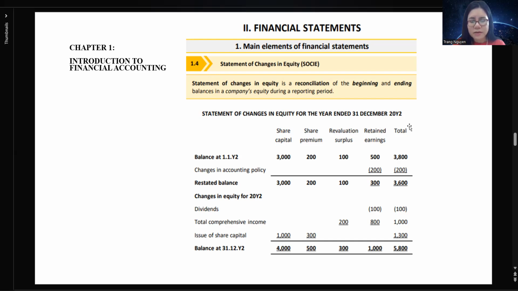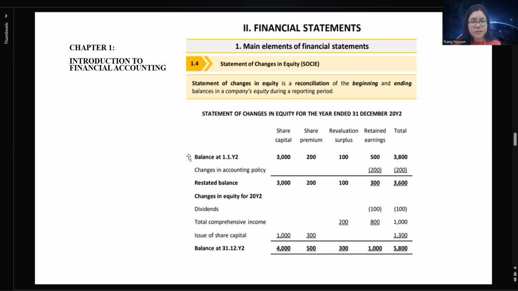There are some factors we will pay attention to in this statement: share capital, share premium, revaluation surplus, and retained earnings.